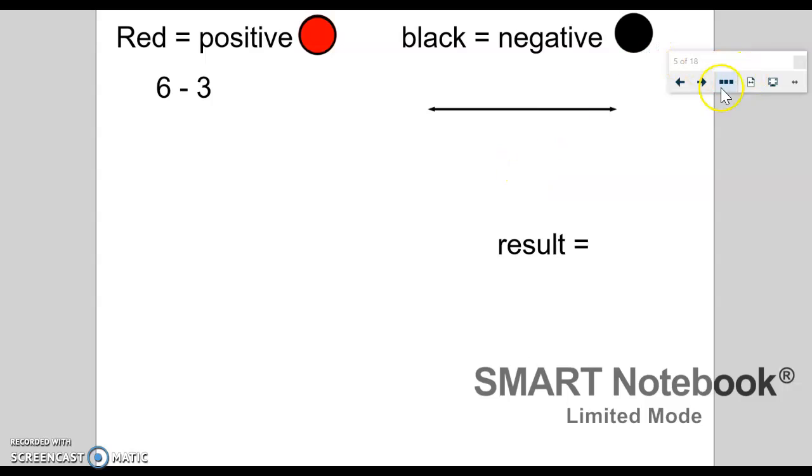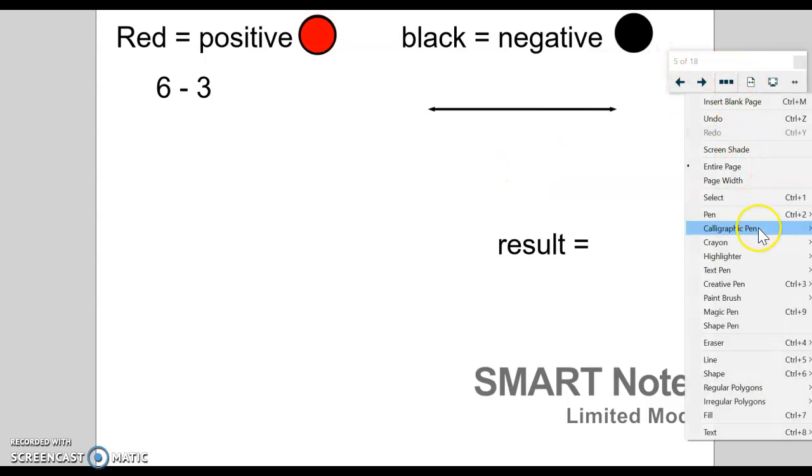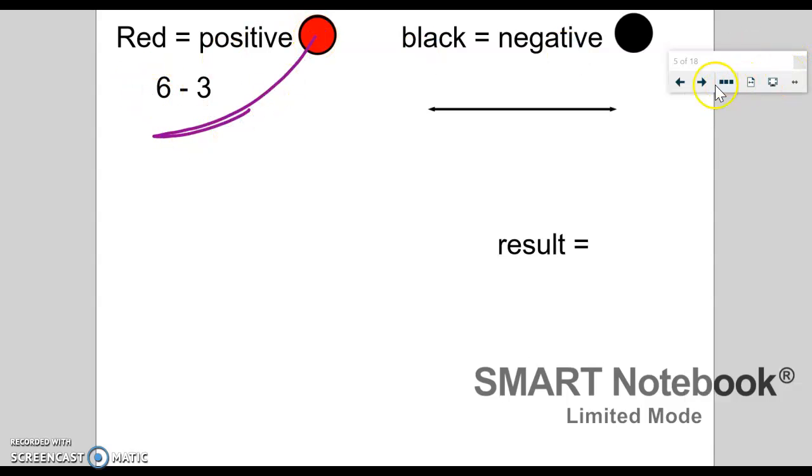So let's use our chips just as an example. I look at 6 right here. It's a 6 out in front to the left, there's no sign, so it's a positive 6.